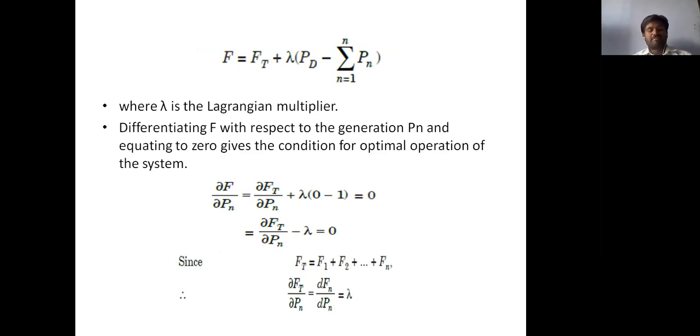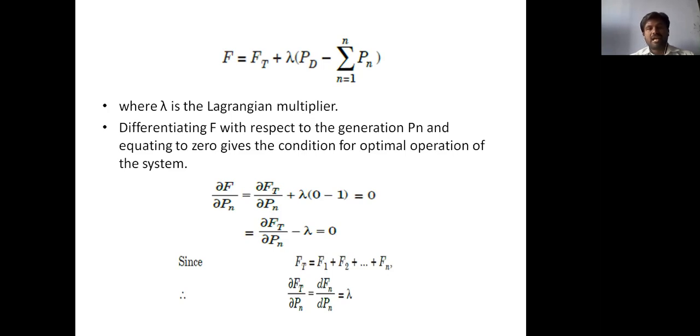The auxiliary function consists of the main function and the constraint function. Finally, the auxiliary function F equal to F_T plus lambda into the constraint function, that is, F equal to F_T plus lambda into PD minus the summation from n equal to 1 to N of Pn, where lambda is the Lagrangian multiplier.